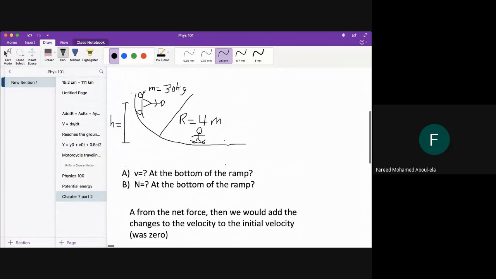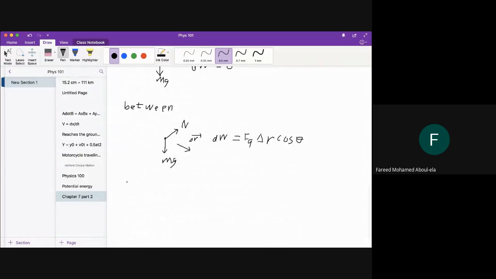So we can say the initial kinetic energy plus the initial potential energy.